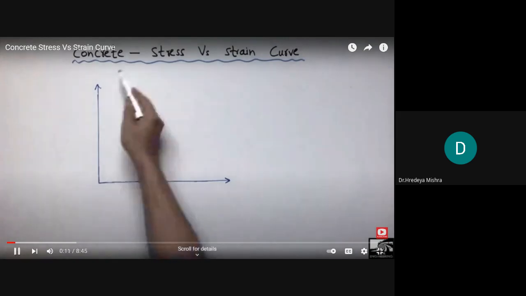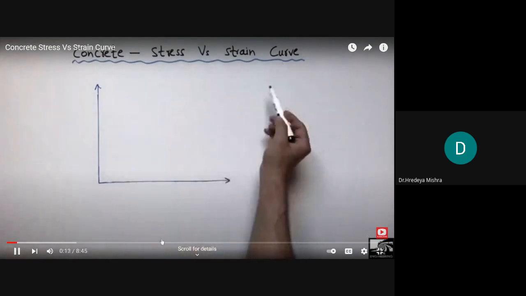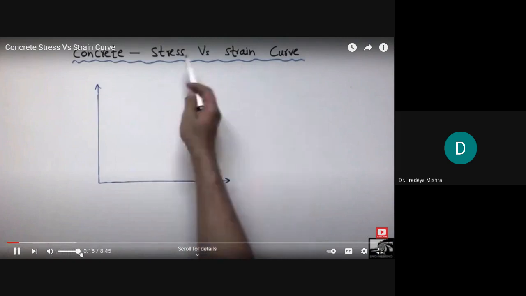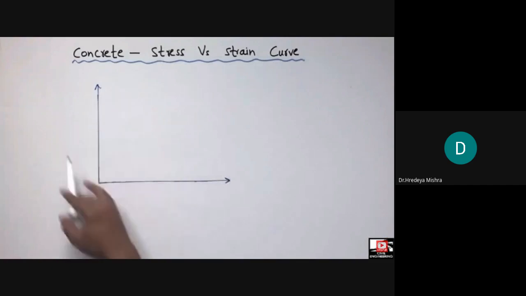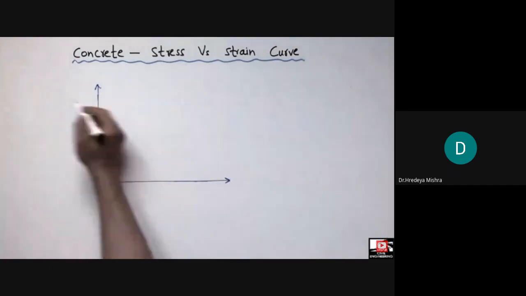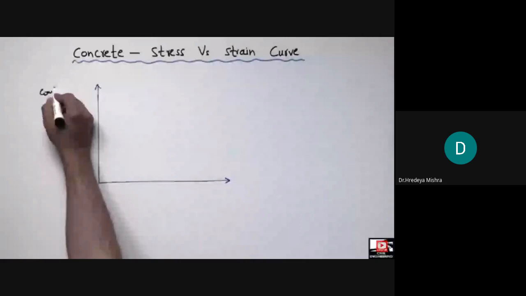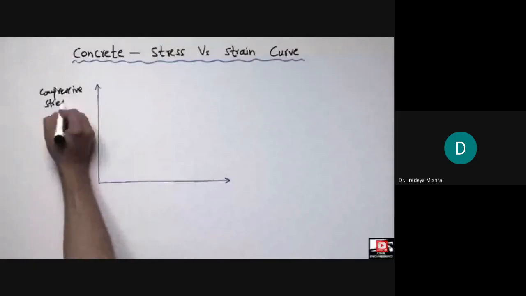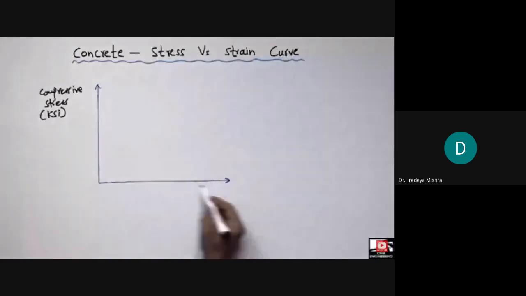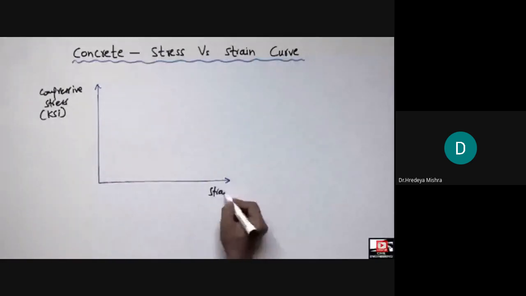Of the concrete stress versus strain curve. In this lecture we are going to discuss the curve between stress and strain for the concrete material. The y-axis shows the compressive stress for the concrete material in the unit of KSI or PSI, pound per square inch or kilopound per square inch, and the x-axis shows the strain, which has no unit, or we can represent it by inches over inches, but strain is a unitless quantity.